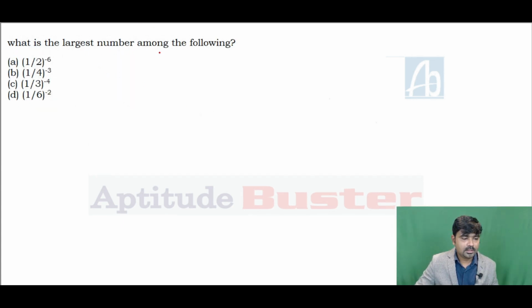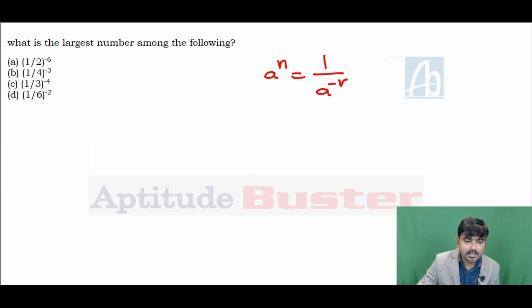What's the largest number among the following? I'll explain this with the simplest method. A power n is equal to 1 by A power minus n. Okay, so 1 by 2 power minus 6, right? So it's nothing but 2 power 6. Next one 4 power 3. Next one 3 power 4.